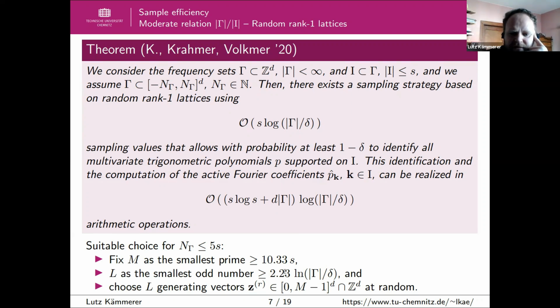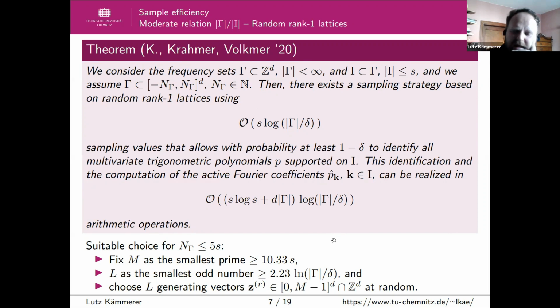So you have only a constant of, let's say, 30 times the logarithm of gamma times s. And you can choose the corresponding rank 1 lattice at random. You just choose the generating vectors at random in this space, and then you have this nice probability.